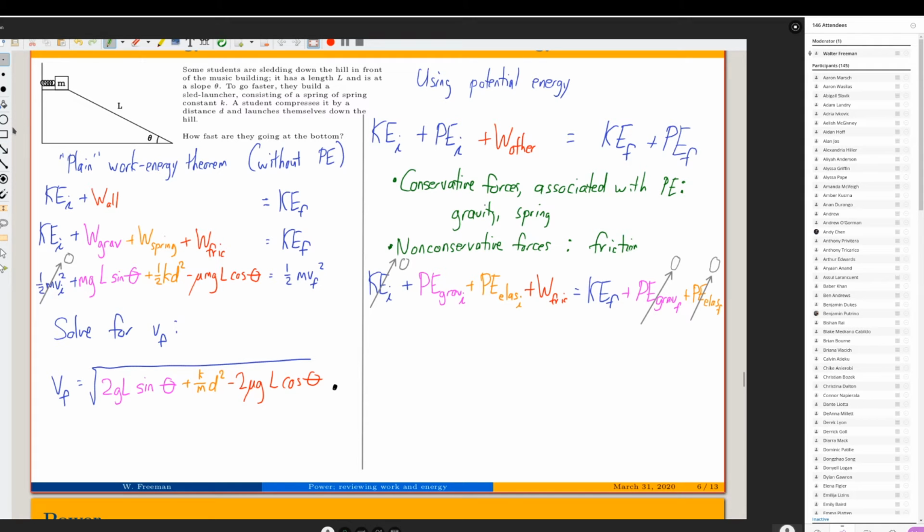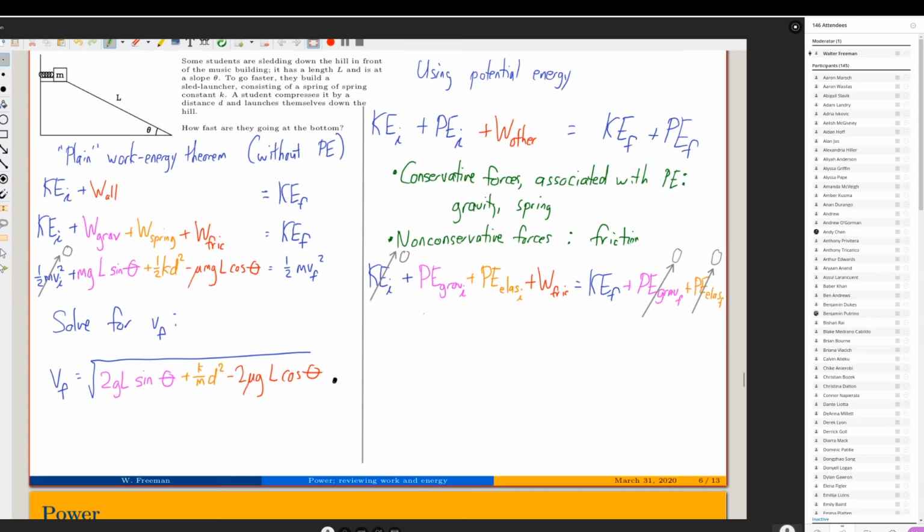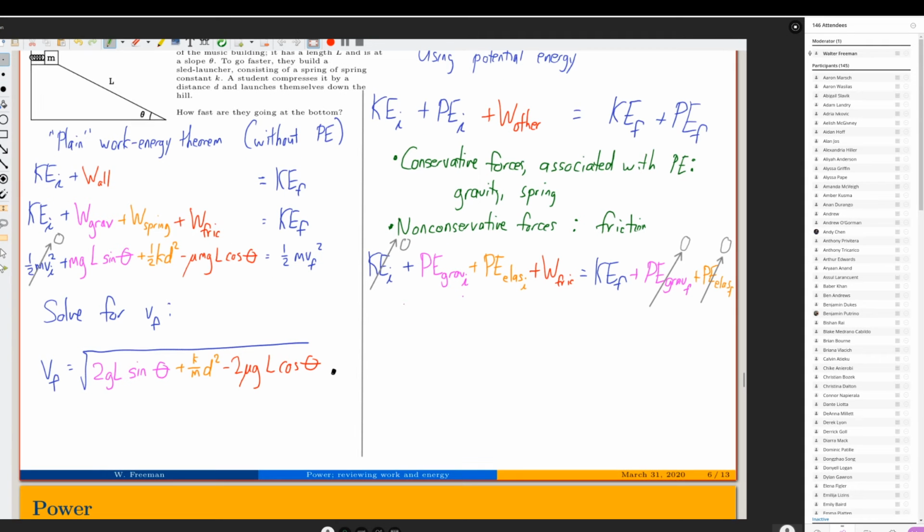So now let's put in what these things are. I have mgy initial. Well, we'll go ahead and write it out. mgL sine theta, that's my initial height, plus 1/2 kd squared, that's the initial compression.